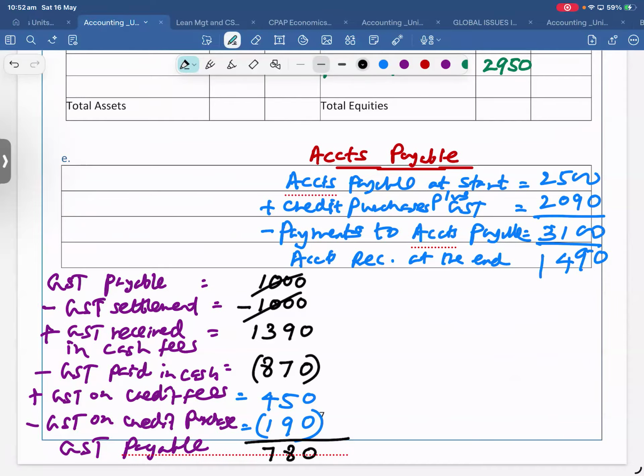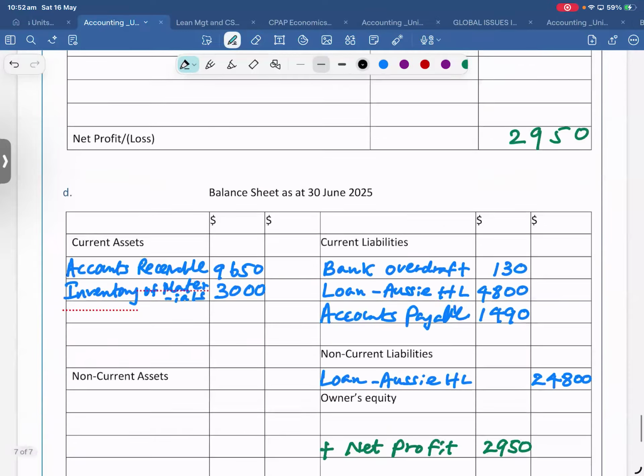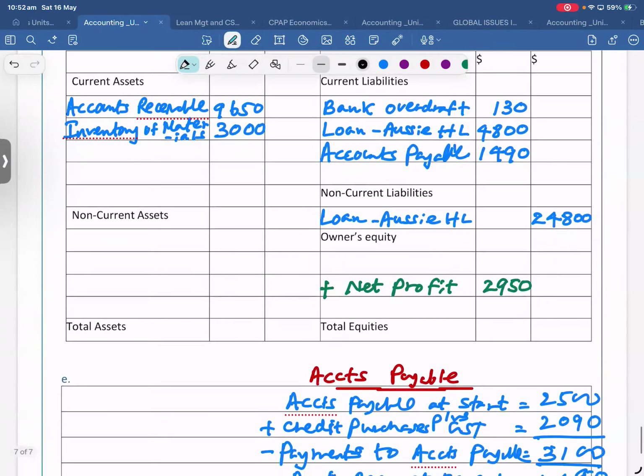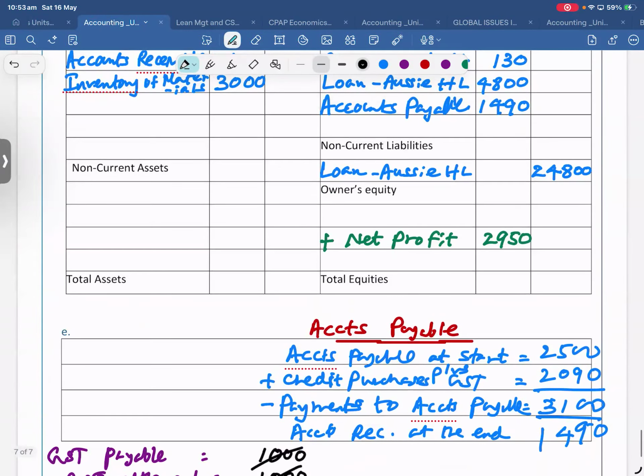Then 780, where do we report? In the balance sheet as GST payable.